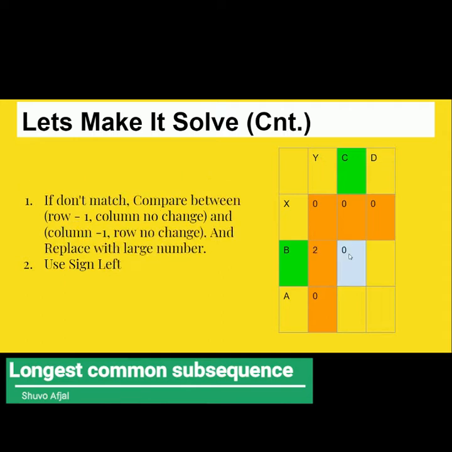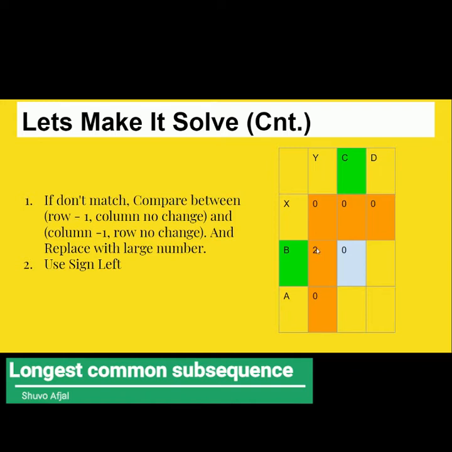And next, another step: if this value and this value don't match, row -1 column no change, and column -1 row no change, then we replace with the larger number, 0 and 2. Which is the larger number?